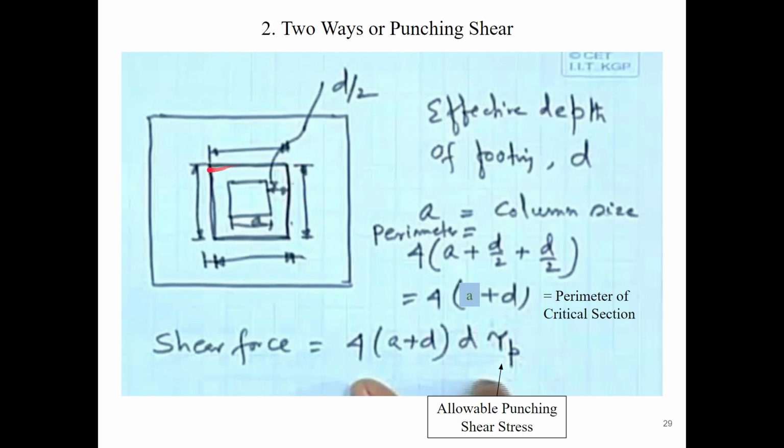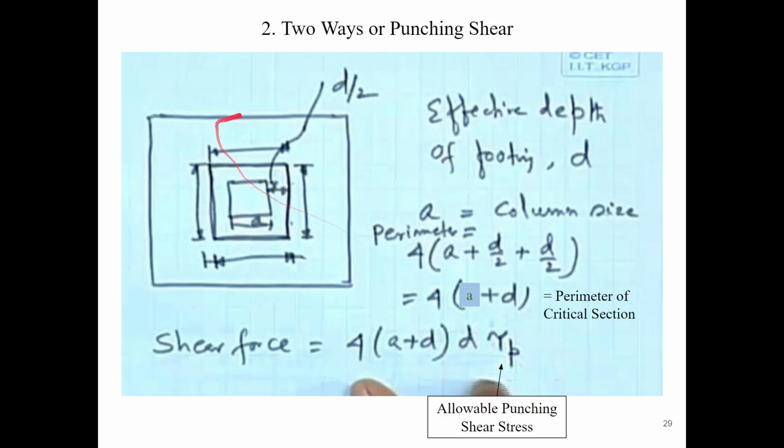So here the critical section occurs, this is the critical section. It is occurring at a distance d by 2 from the face of the column, where d is the effective depth of the footing. So if you see in this case of two-way punching shear, a is equal to the column size, and we have considered a square column.